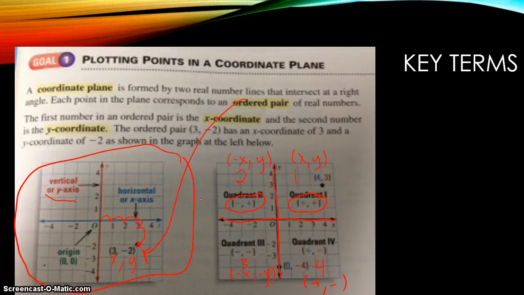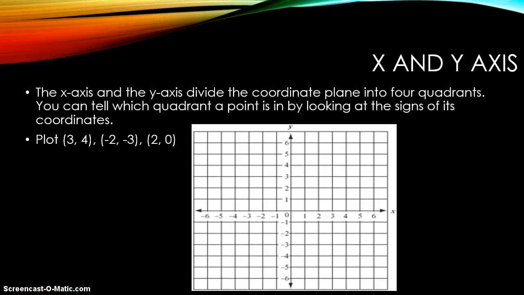Make sure you have that all down. The x-axis and the y-axis divide the coordinate plane into 4 quadrants. You can tell which quadrant a point is in by looking at the signs of the coordinates.